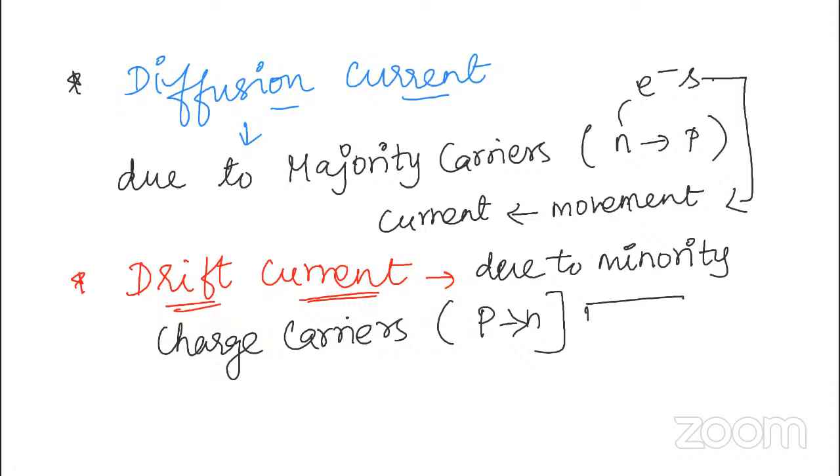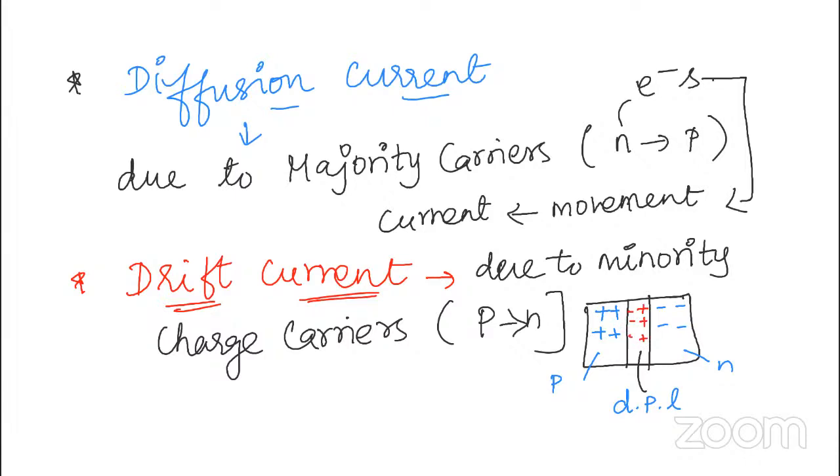So previously we drew the diagram, right? P region and N region. Here this is the depletion region, the depletion layer. Here it is P type and here it is N type. Here it is positive and here it is negative. The minority carriers here are negative and here positive, right?